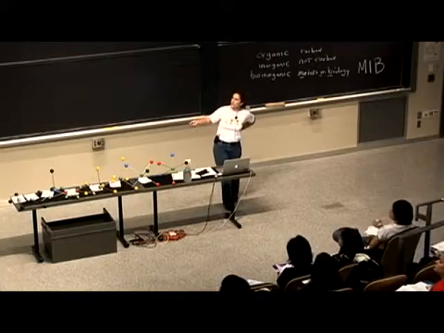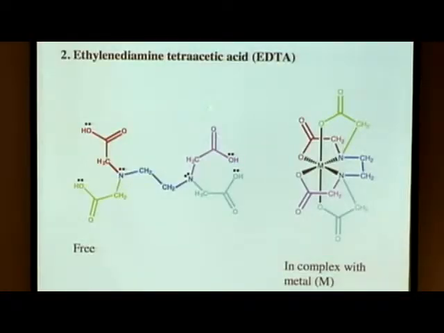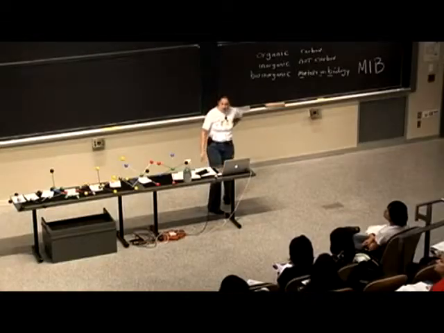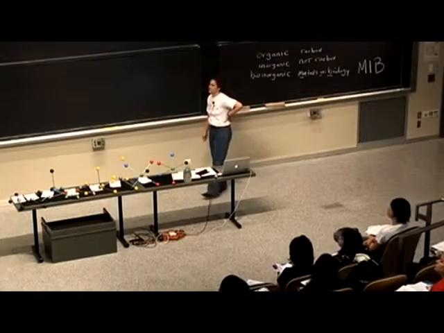So here again is the free EDTA, and here's a structure of EDTA bound to a metal. The metal is abbreviated M. So why don't you tell me what the geometry is of that metal?